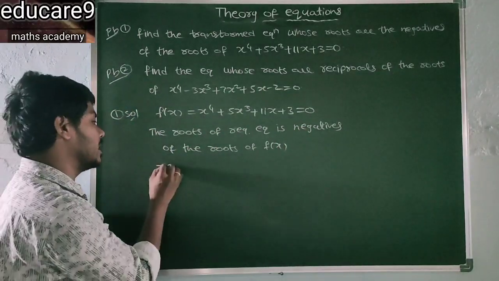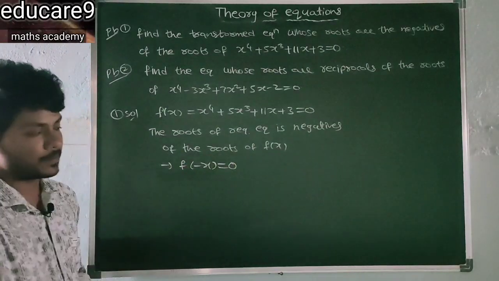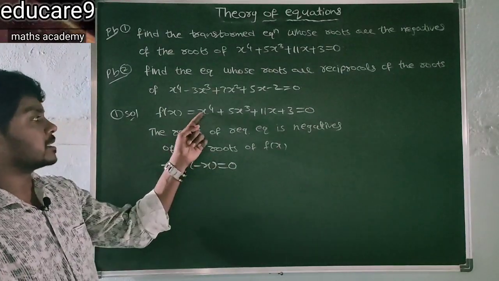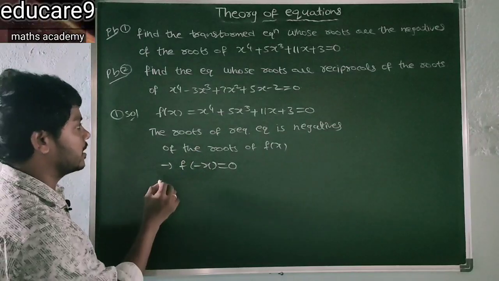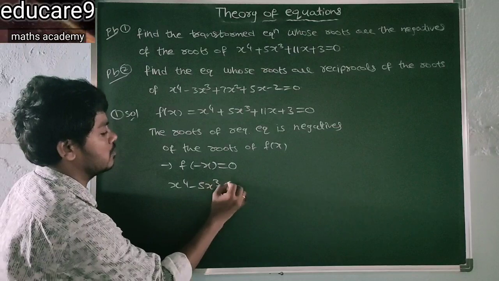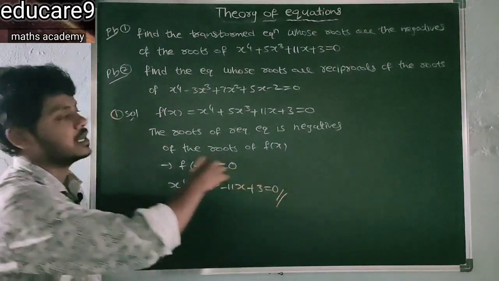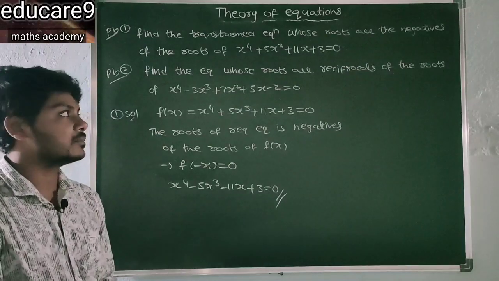So in that case, f(-x) is equal to 0. Now replace x by -x. So what you get? x^4 - 5x^3 - 11x + 3 is equal to 0. So this is the required equation.